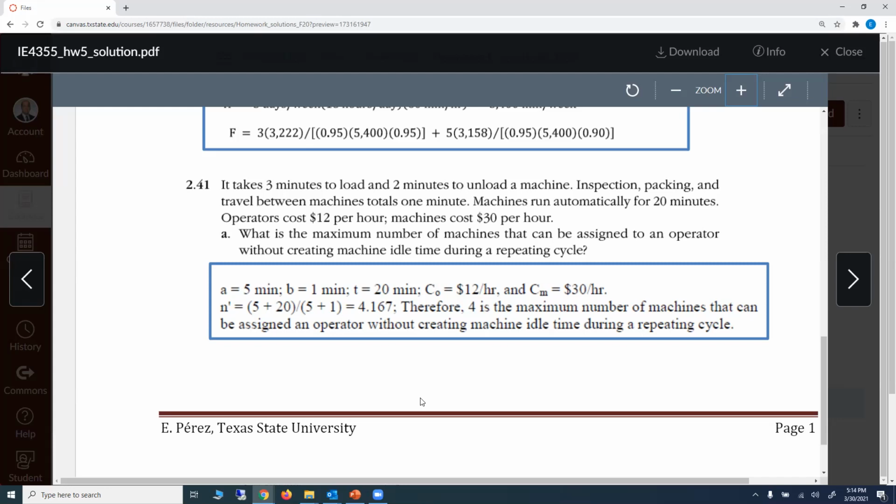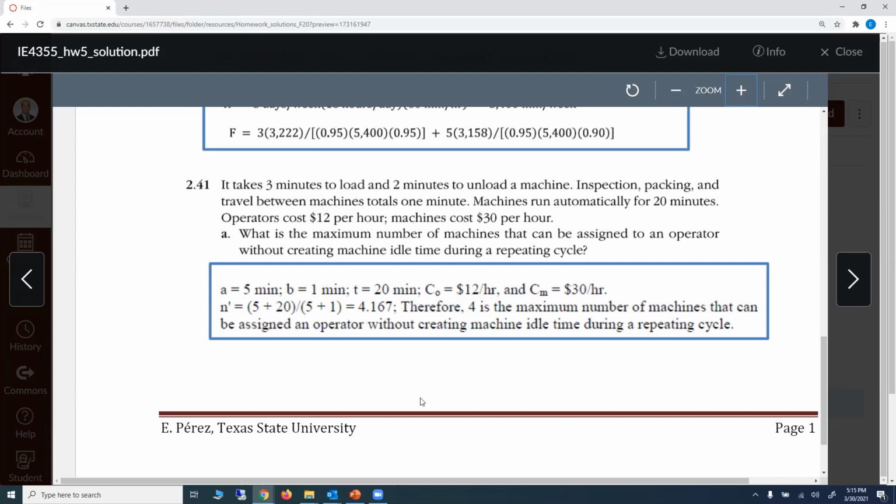And that period of time in which the operator is handling machine 5 is going to be idle time for machine number 1, if that makes sense. So 4 in this case is going to be the maximum number of machines that you can assign to this operator, meaning that if you have more than 4 machines, you might need an additional operator to handle the rest of the machines.